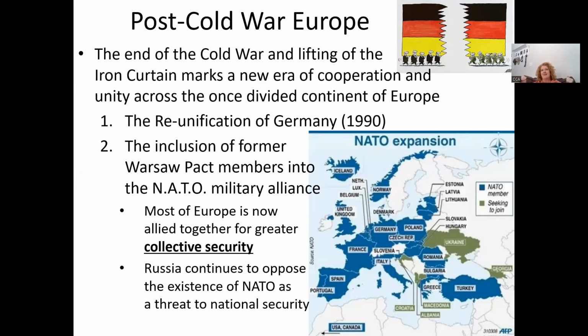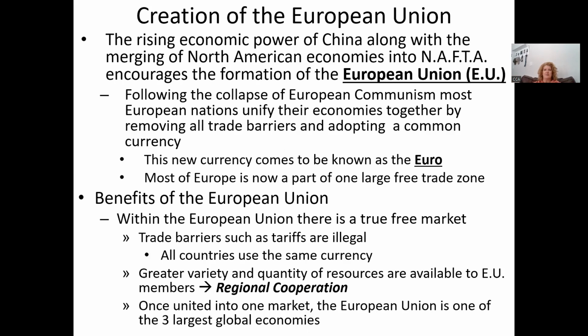If you think back, when NATO was created, the response to that was the Warsaw Pact, which is a military alliance. Most of Europe is now allied together for a greater collective security. That's why Ukraine wants to join. Russia continues to oppose the existence of NATO because they say it's a threat to national security.